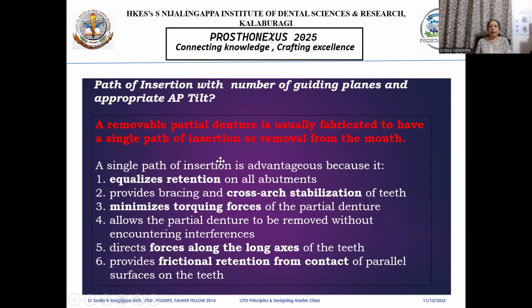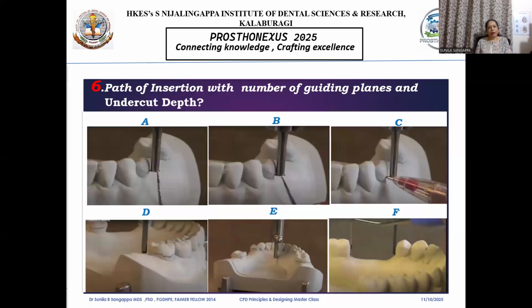Why? Because this is important to equalize the retention on all abutments and provide cross-arch stabilization, minimize torquing forces, and also ensure that the forces are directed along the long axis of the teeth, and also because it provides frictional retention from contact of parallel surfaces of the teeth.